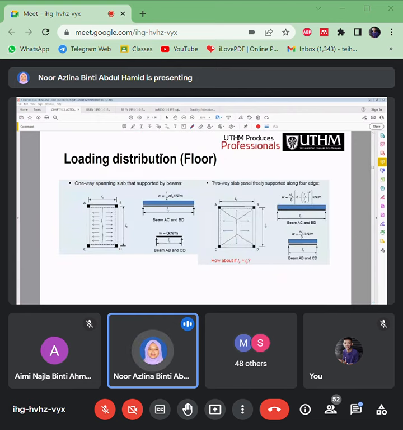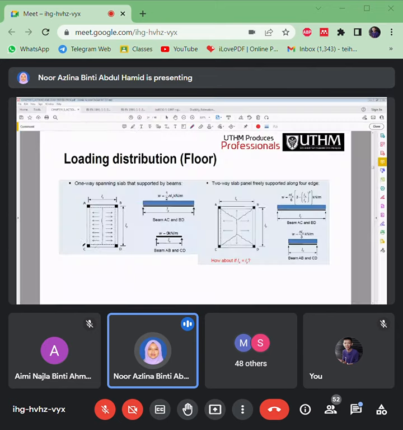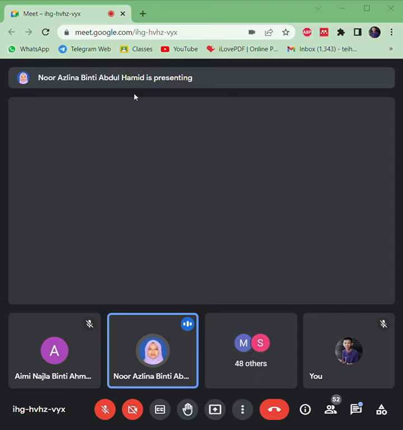Okay, this is how to calculate the loads. Looking at a one way spanning slab here, let's say this is an example of a one way slab. Okay, so these are the crack lines.